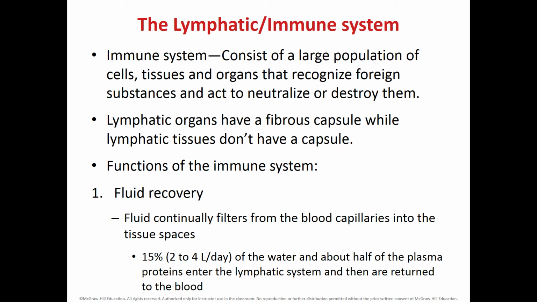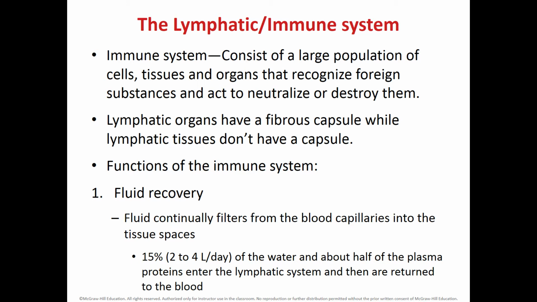Now, the functions of the immune or the lymphatic system are various. One of these is to recover fluid. Remember that when the capillaries bring fluid into the extracellular space so that the cells in our body can grab oxygen, nutrients, hormones, etc., the capillaries reabsorb 85% of the fluid that they deliver.